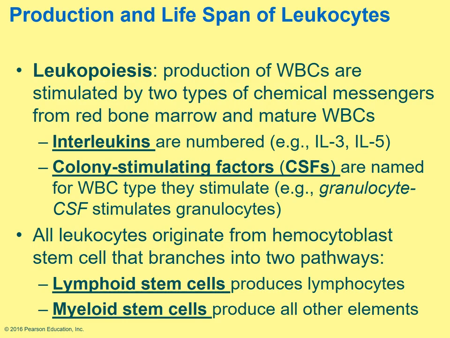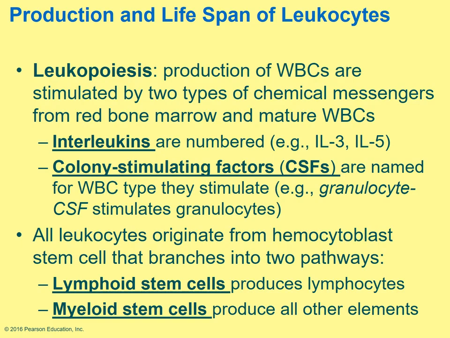Leukocytes, the production of white blood cells, is going to be stimulated by different chemical messages that are coming from the red bone marrow and mature white blood cells. You have interleukins, you have colony stimulating factors. All leukocytes are going to originate from hemocytoblast stem cells, and then it's going to branch into 2 pathways.